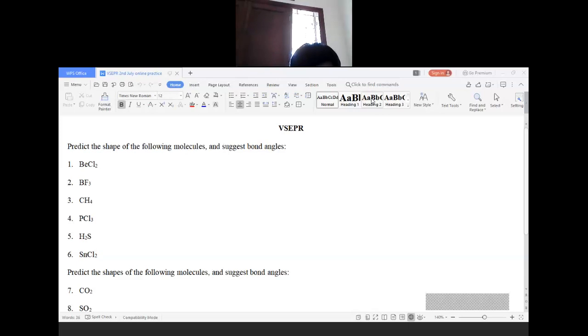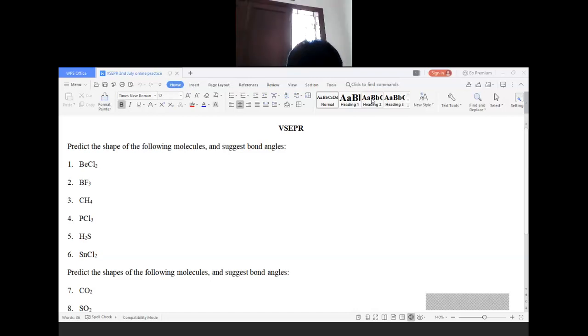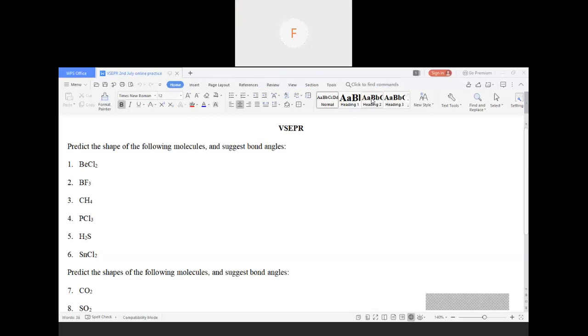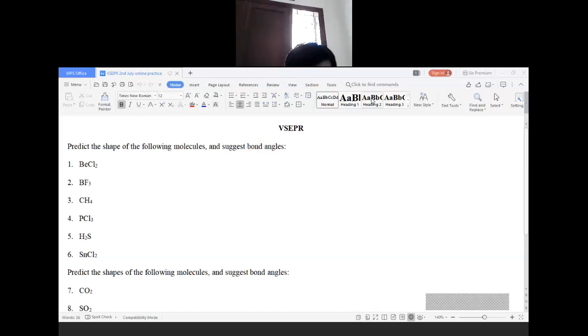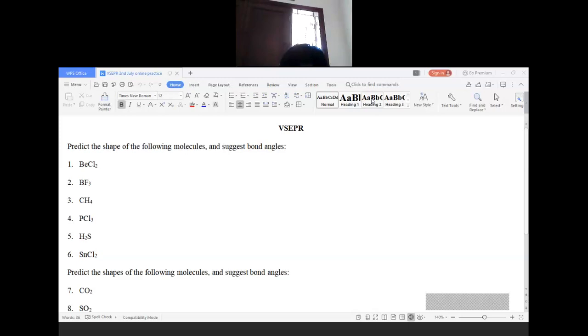Four lone pairs? How many lone pairs? I think four. Four lone pairs. How do you count four lone pairs? Drawing the dot and cross diagram. Dot and cross diagram. What is the atom located in the center?